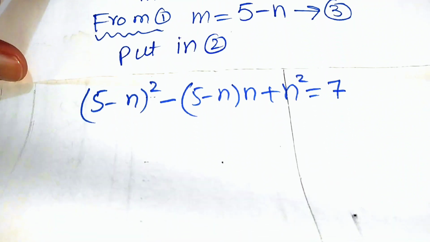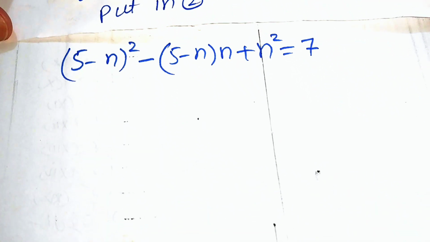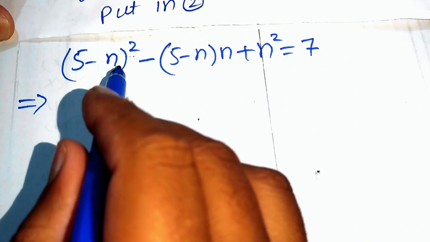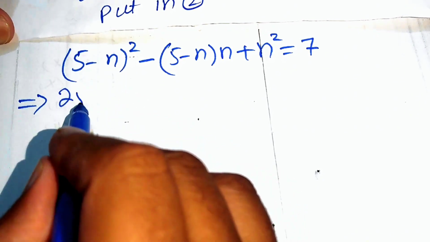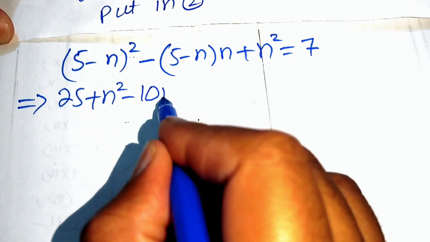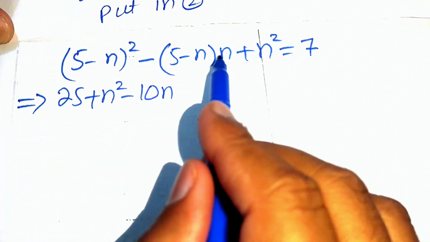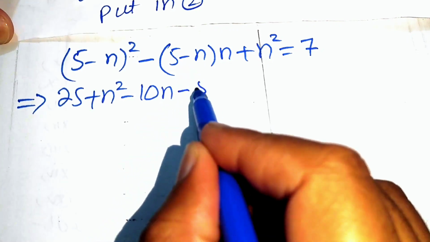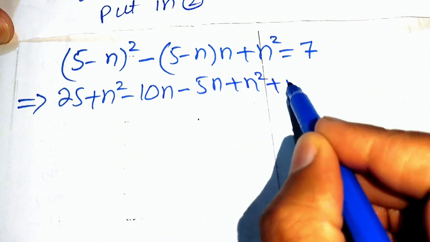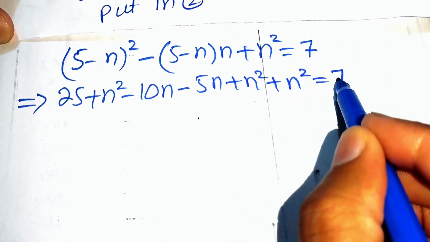Now we focus on this equation. First we open the square of this term, and we get 25 plus n squared minus 10n, and we multiply the minus n on these two terms, and we get minus 5n plus n square, equals to 7.